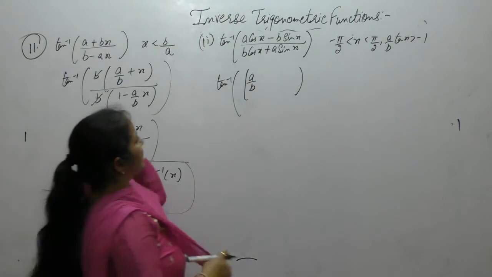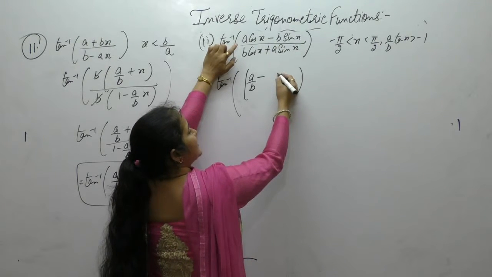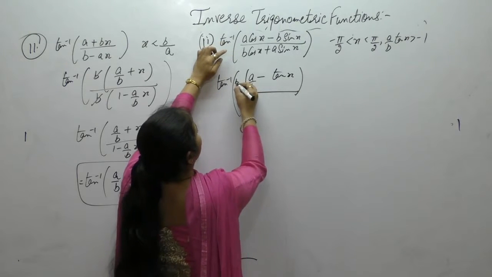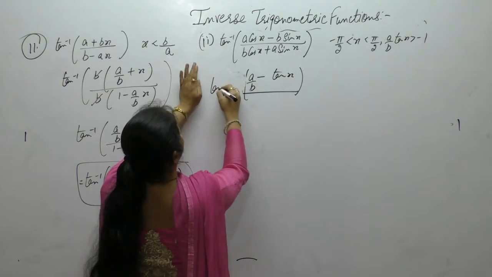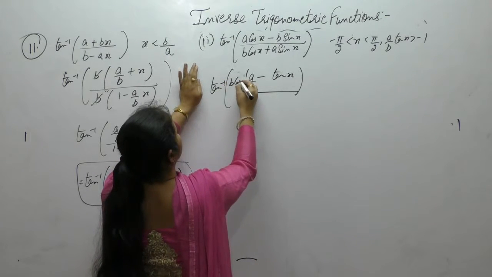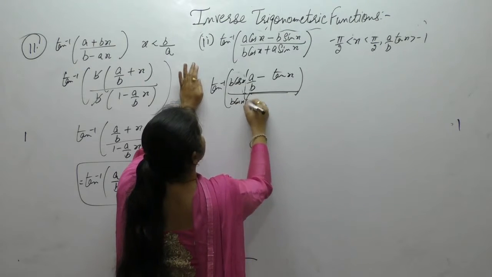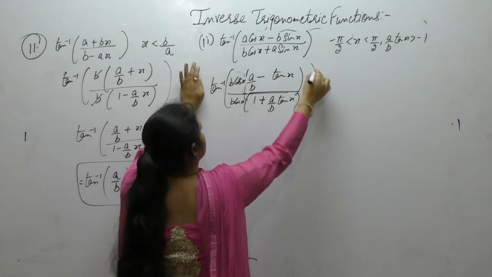We have taken b cos x common, so a upon b, b is common, sin upon cos is tan. Similarly, we have taken b cos x common from the denominator, tan inverse of b cos x upon b cos x, so 1 plus a upon b tan x.